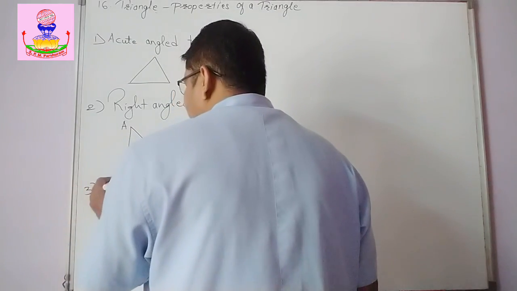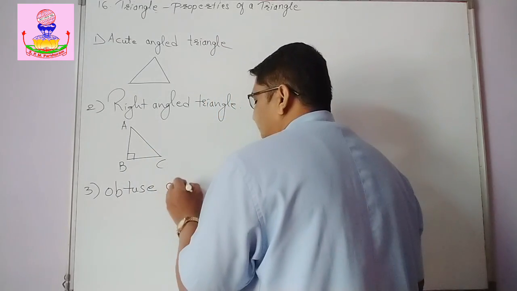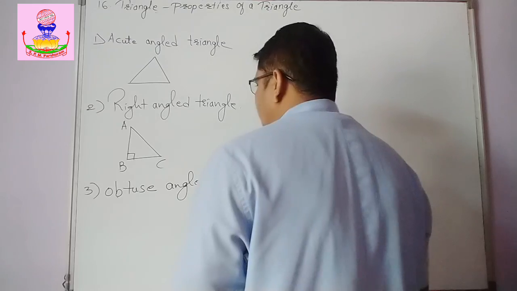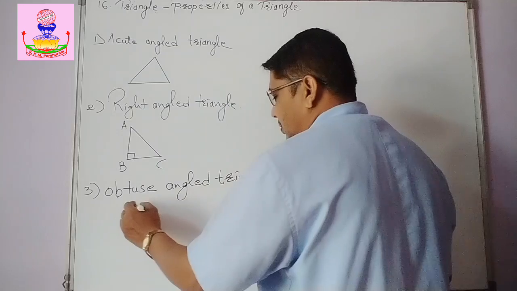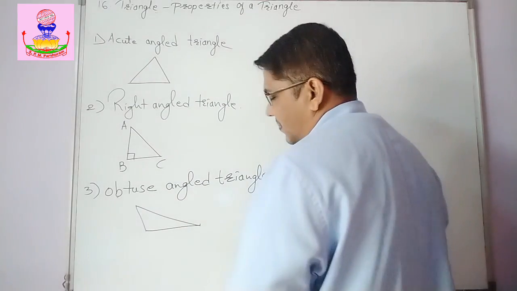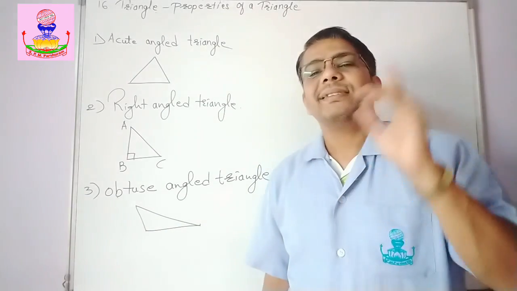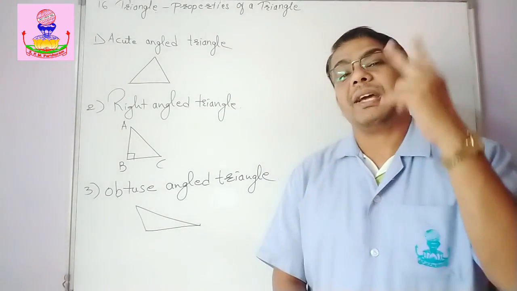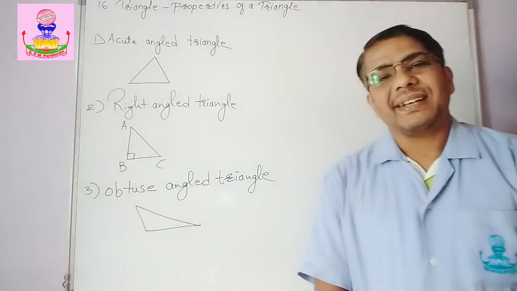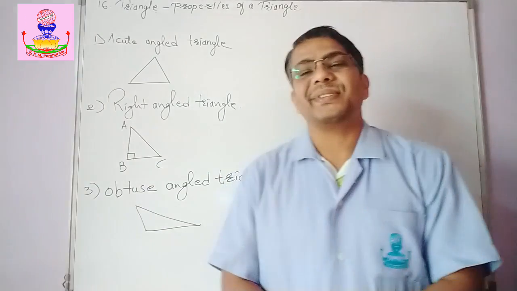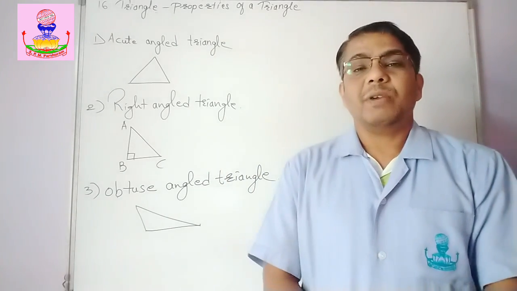Then third, obtuse angle triangle. If one of the angles of a triangle is an obtuse angle, more than 90 degrees, then that triangle is called an obtuse angle triangle. Again, in a triangle there can be only one obtuse angle. We cannot have two obtuse angles because the measure would go more than 180 degrees, and we know that the sum of all three angles of a triangle is always 180 degrees, whatever may be the case.